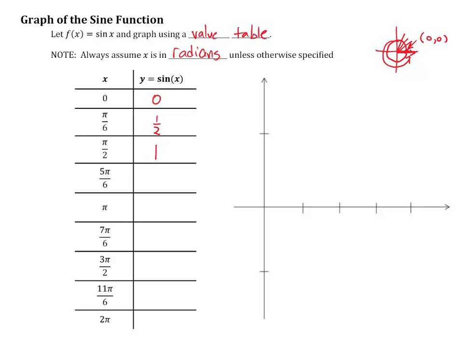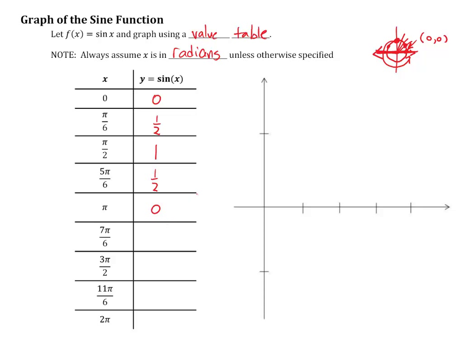What I'm doing is actually just jumping to some of the more interesting points right here. So I looked at this point here, I looked at this point up here. I'm going to look over here at 5 pi over 6 because that gives me a 1/2 also. And then when I get back down to pi, that is 180 degrees or 1/2 of a complete rotation. That's going to give me 0.